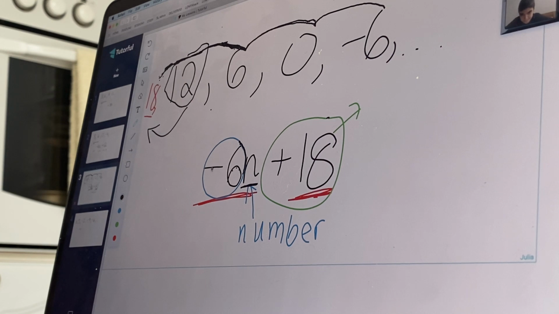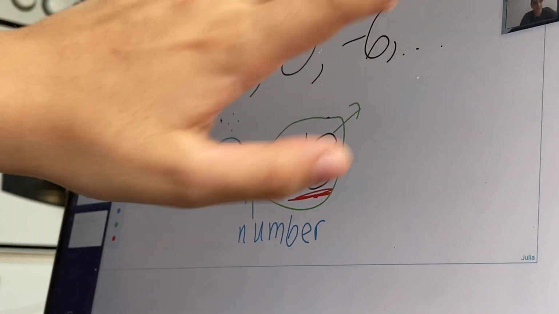Okay, so if we want to go 21 steps, how many times do we need to take away 6? 21. Yeah, 21. If we want to go 22 steps. 22. If we want to go general and we want to go n steps, how many times do you take away 6?